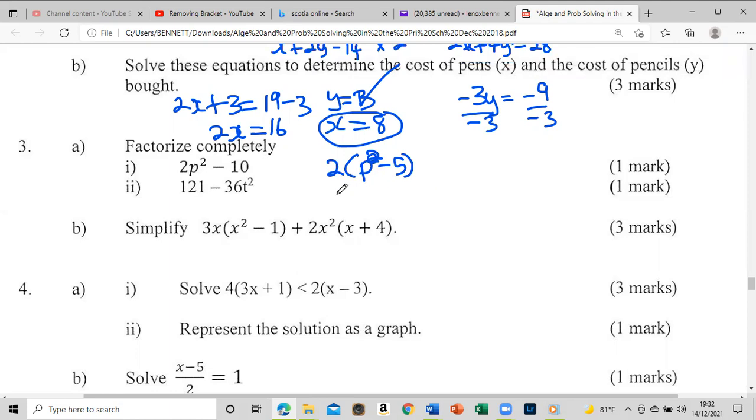So what is that? 11? Yes, and that's 6 squared. So 11 plus 6 squared. One of them is minus and one is plus. It doesn't matter how you write them, once the 36 is negative in the end, it's fine. So we can factorize it just as it is.